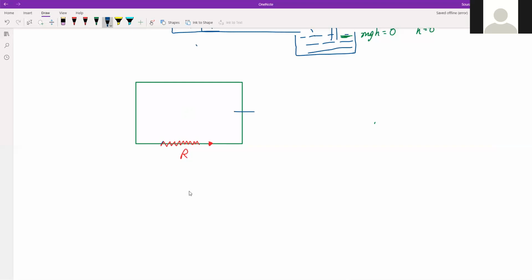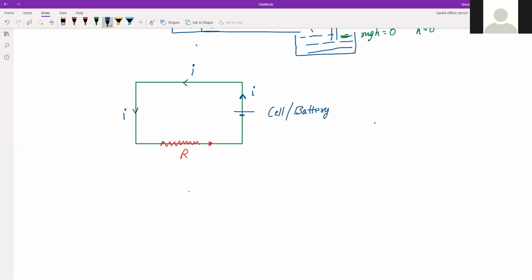Such a pump is called a cell, or a combination of such cells is called a battery. What it does is pump the electrons, I mean the charges. It collects the charges from here and pumps them back into the circuit. That's how this steady current is maintained.